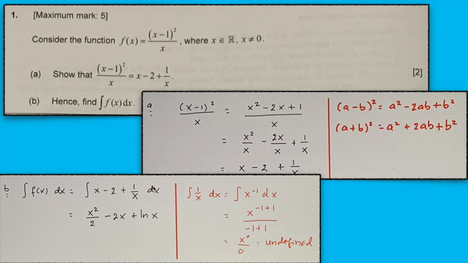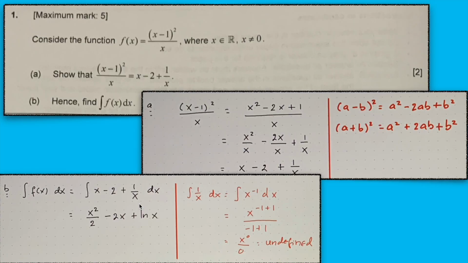with respect to x. To integrate x, we increase the power by 1, so it becomes x squared over 2 subtracted by, well, the integral of 2 is 2x plus, remember, the integral of 1 over x is equal to ln x, and this is given in the formula booklet.